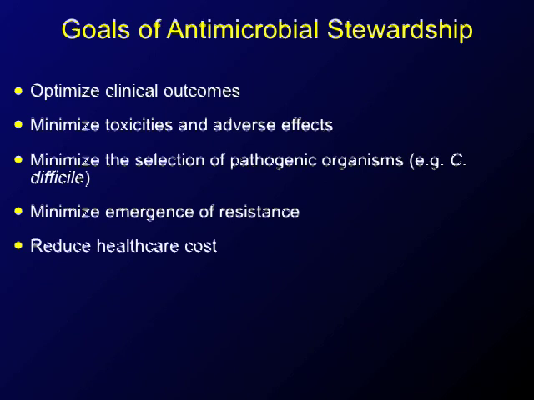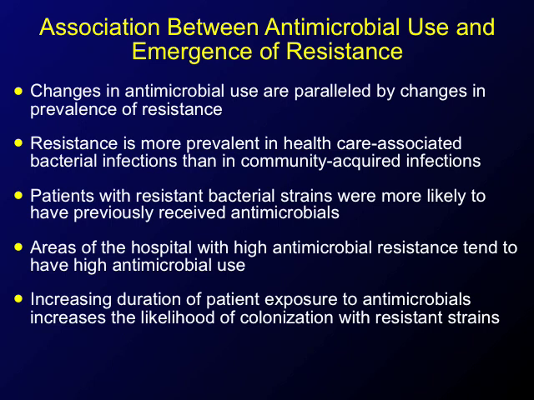Obviously, one of the goals is to minimize emergence of resistance, and one of the goals for the facility is to reduce healthcare costs. There has been an association between antimicrobial use and emergence of resistance. Like I stated earlier, changes in use are paralleled by changes in prevalence of resistance.